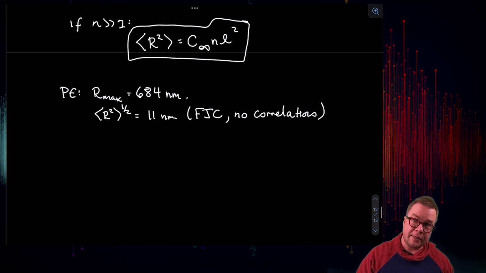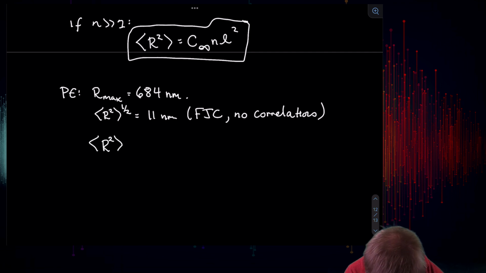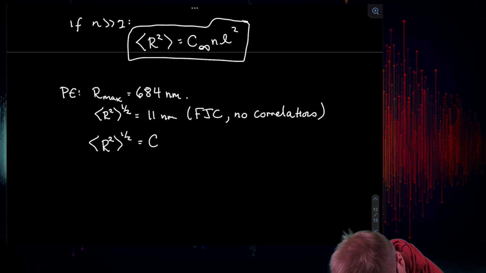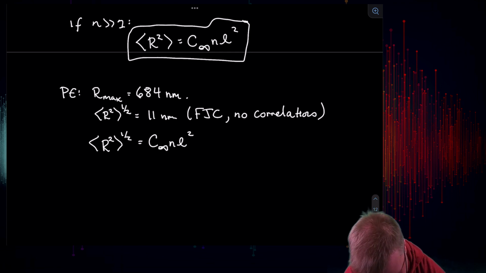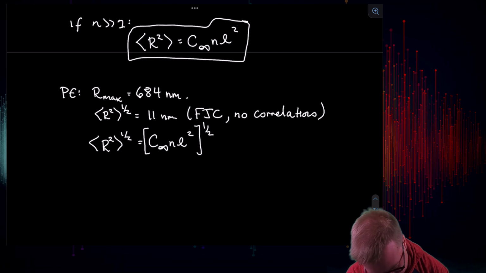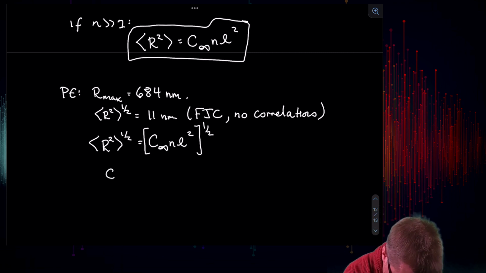If we start to look at the effects of chemistry now, we would see that R squared to the 1/2, and I encourage you to plug in and try this, is going to be equal to C infinity times N L squared. Should take the square root of this, right? And we can look up in a textbook what C infinity for polyethylene is.